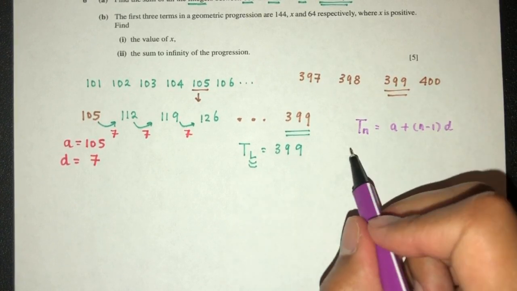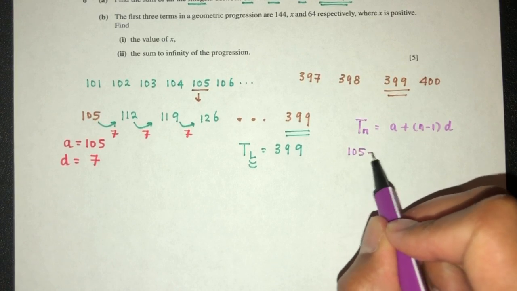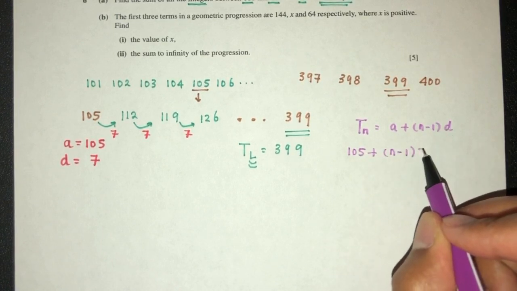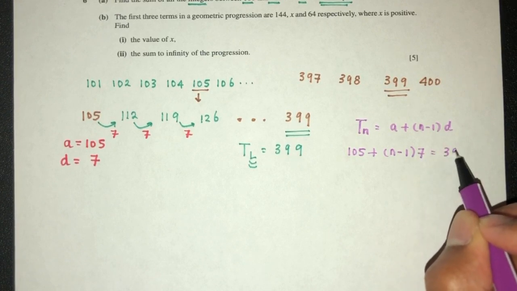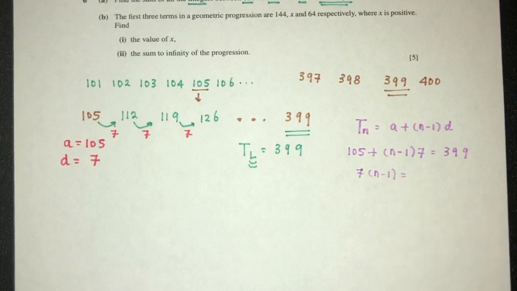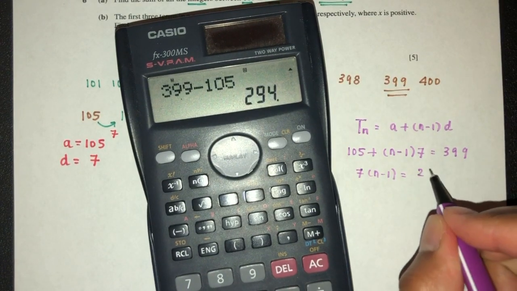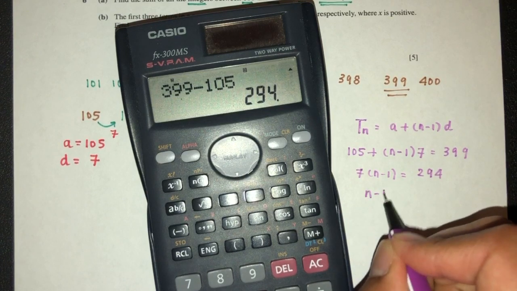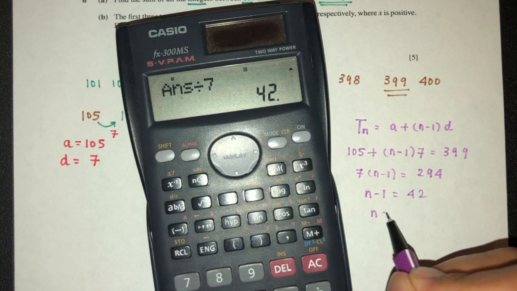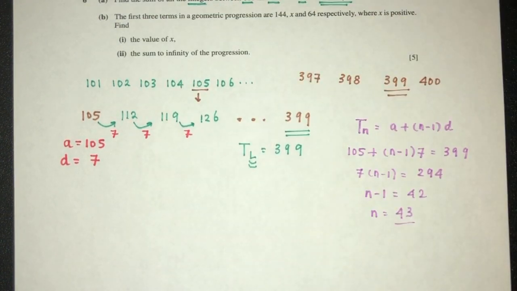Here we don't know n, so 105 plus n minus 1 times 7 equals 399. So 7 times n minus 1 should be 399 minus 105, which is 294. N minus 1 equals 294 divided by 7, which is 42. So finally n is 43. So the last term is the 43rd term.